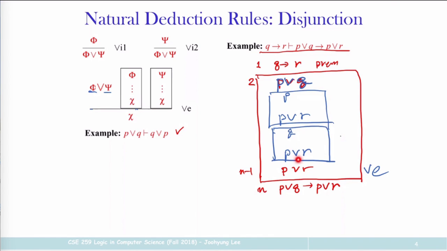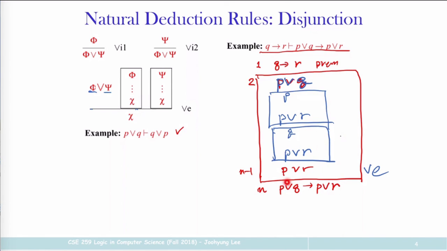When you try to derive this P or R, you can use assumption Q. You can also use assumption P or Q. You can also use Q implies R as the premise, but you cannot use P. Anything in the other box cannot be used in this box.